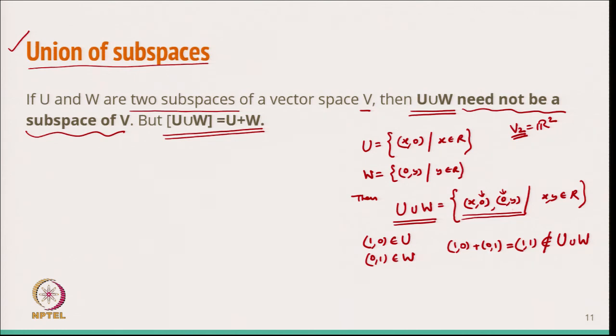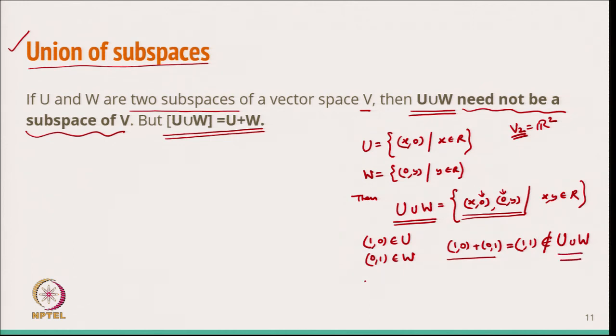So, that is a two dimensional vector. It contains only those elements in which either entry of the vector is 0. But if I choose two elements from U and W and take their vector addition, that is (1, 1), it does not belong to this set.